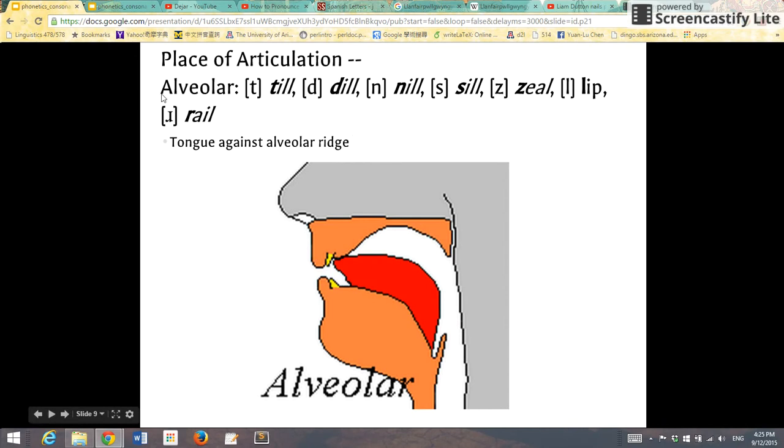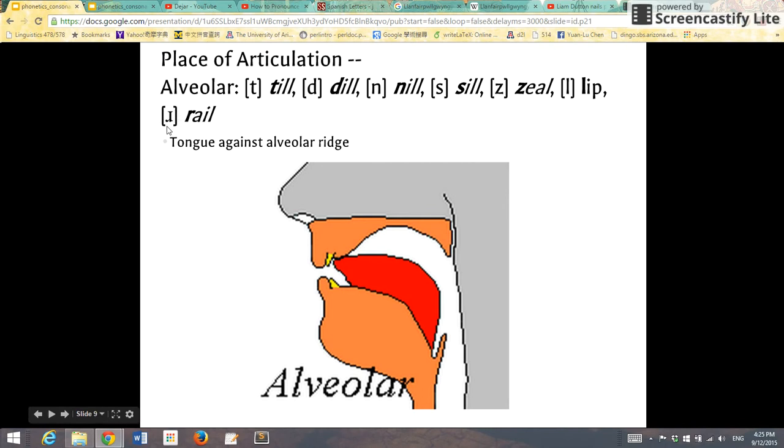Another one, alveolar, is the hard part at this position, right behind the upper teeth. Okay. And these are the examples of teal, deal, neo, seal. Okay.